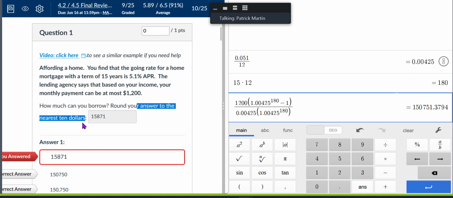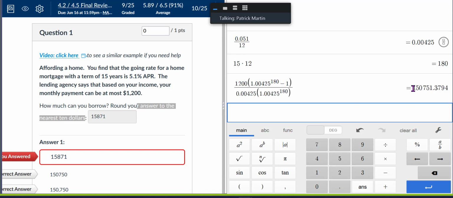So round to the nearest $10. What would that look like? So this is our number to the nearest 10, would be 150,750, right? So $150,750 is the maximum you can borrow if your income is $1,200 given these conditions, right?